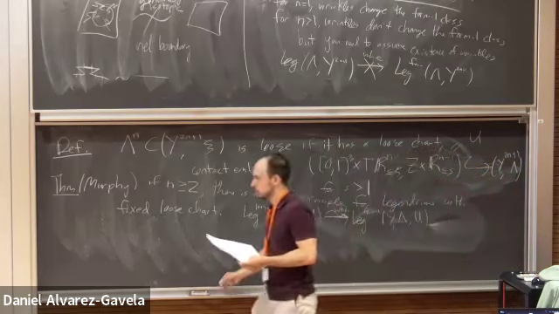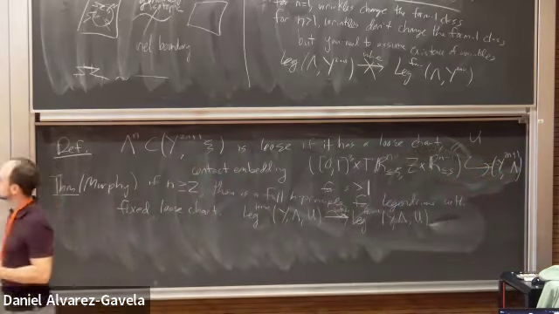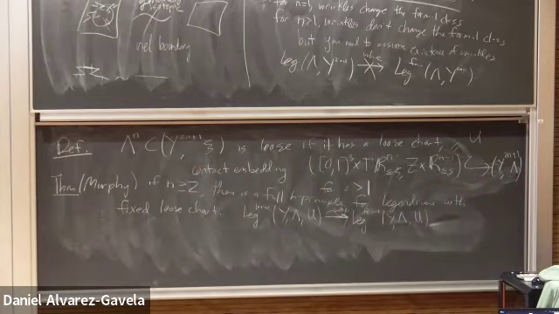Okay. Any more questions? What is the analog of a loose chart or loose Legendrian if you want an h-principle for Lagrangians?